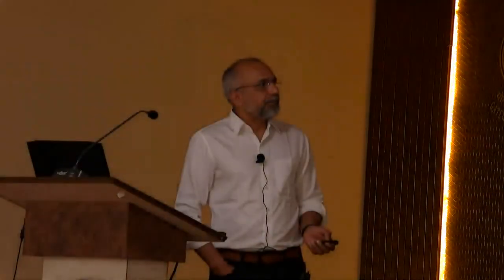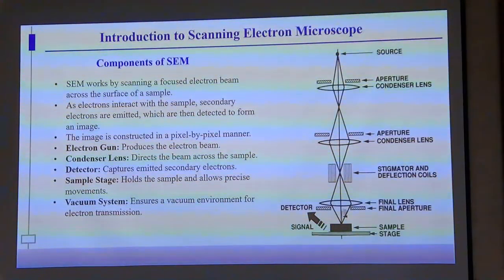This is how an SEM looks. First you have the electron source, then an aperture, a condenser lens, a second aperture and second condenser lens, then coils called the stigmator and deflection coil, and then the final lens and final aperture, and then your sample.